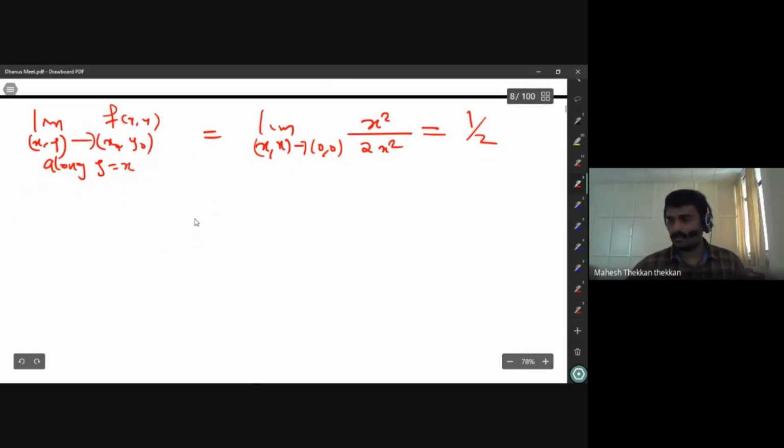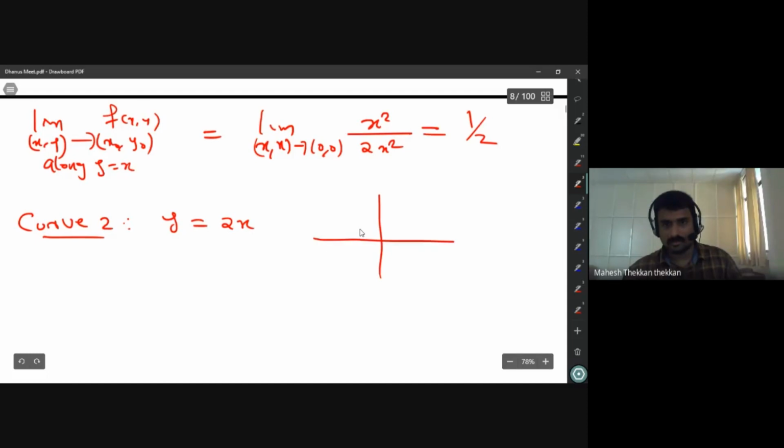Now I will consider another curve, curve 2. I just take it as y is equal to 2x, something like this.